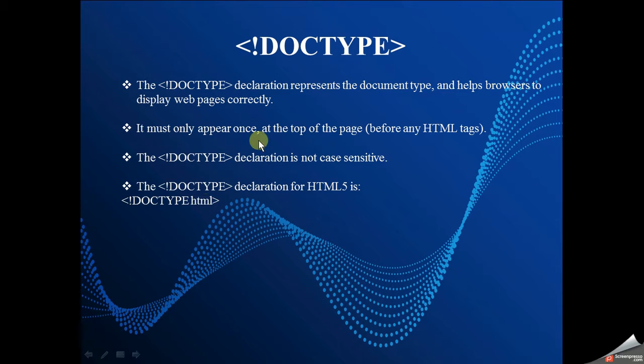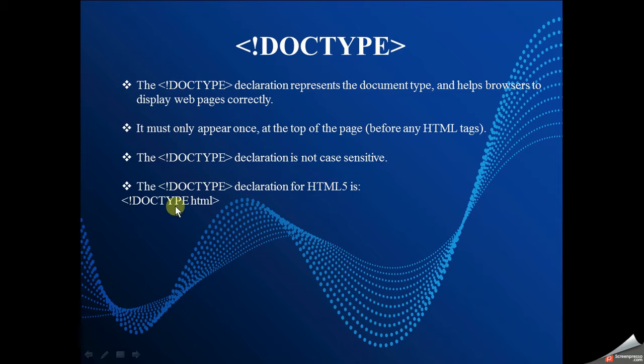Okay, and this doc type is written only once and it appears at the top of the page. At the top of the page you have to write that this is the doc type, and it is not case sensitive. Clear? So the doc type tells the browser what your document type is, and it appears at the top of your web page. And of course this is how you will write.